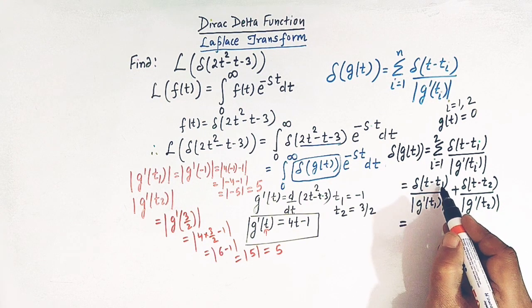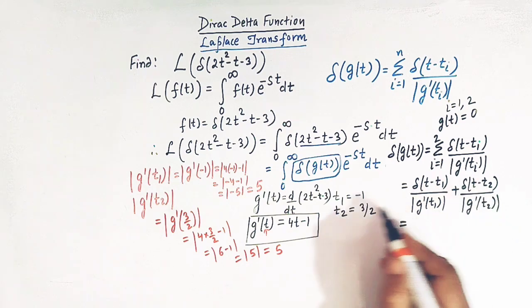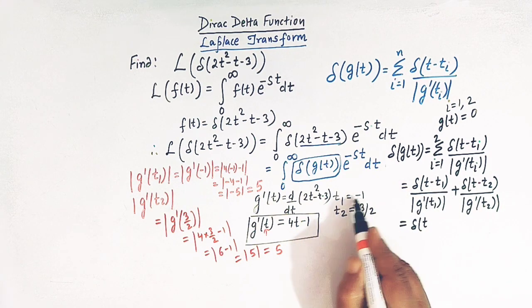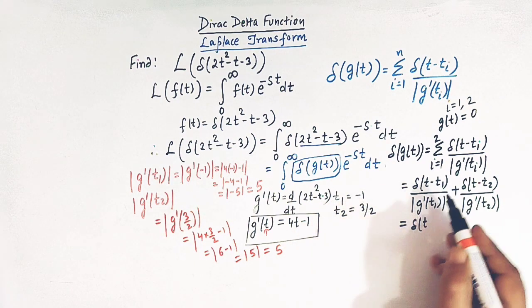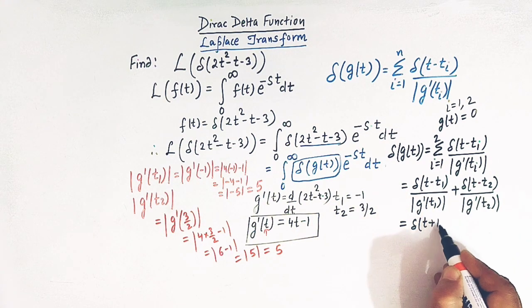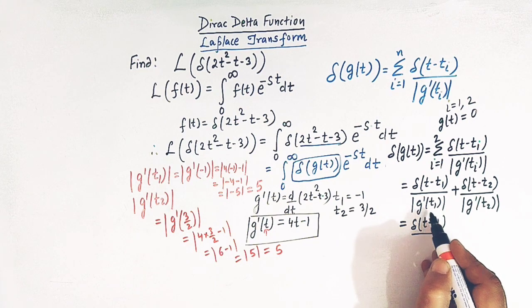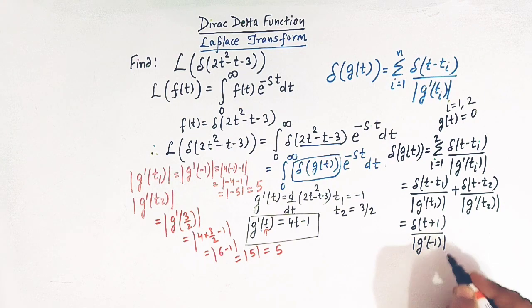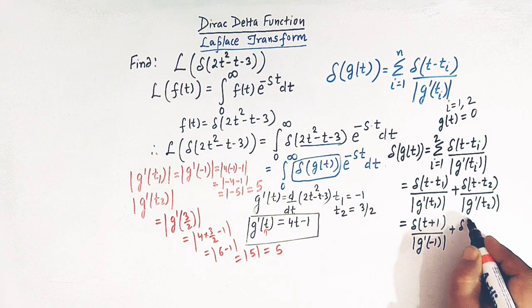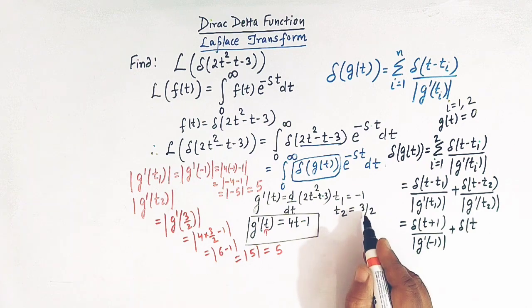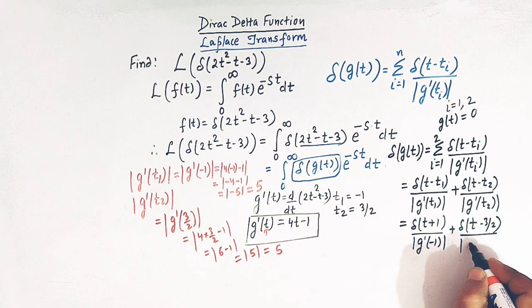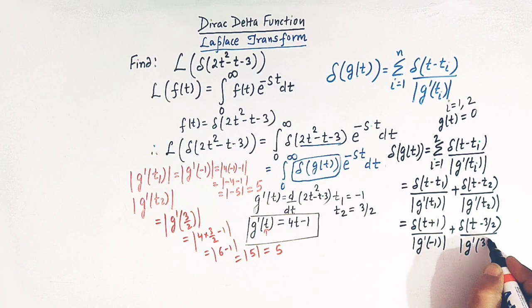Now let us substitute the values of t1 and t2. Here t1 is equal to minus 1, so this becomes delta of t plus 1 over mod of g prime of minus 1, and here we have delta of t minus t2, where t2 is 3 by 2, over mod of g prime of 3 by 2, right?